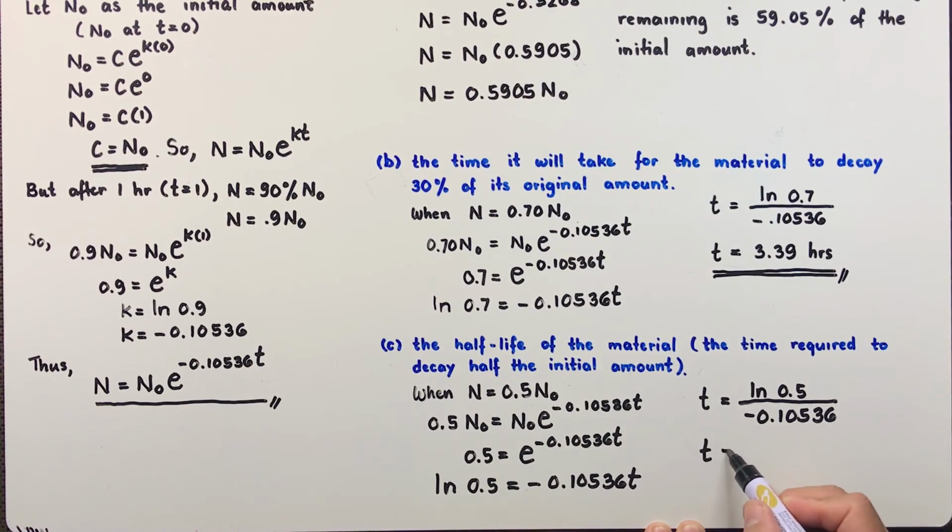So t here, by using a calculator, is 6.58 hours. So this is the time required for the radioactive material to decay 50% of its original amount. In other words, it will take 6.58 hours to decay half of its original amount. And that's it.